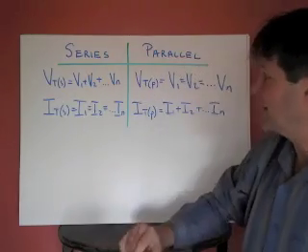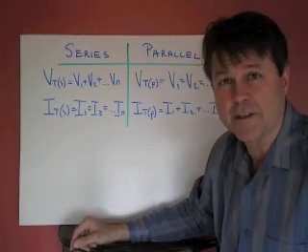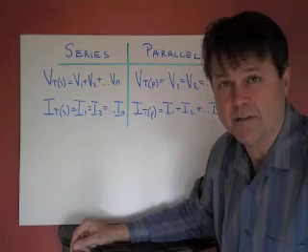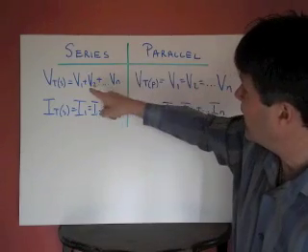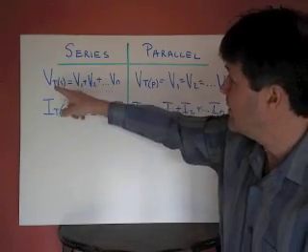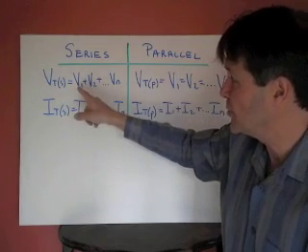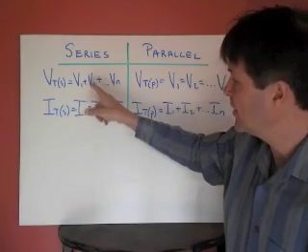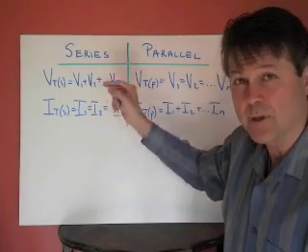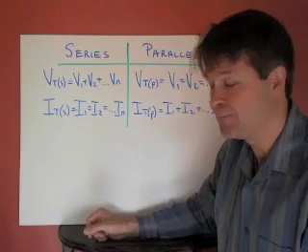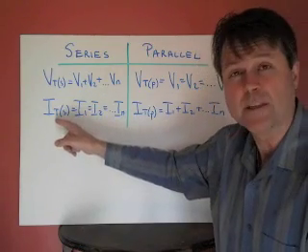So just to summarize the formulas for the series circuit versus the parallel circuit: in a series circuit, the voltage adds up, so the voltage across the first light bulb plus the voltage across the second light bulb will equal the voltage of the battery. The current, however, will all be the same.